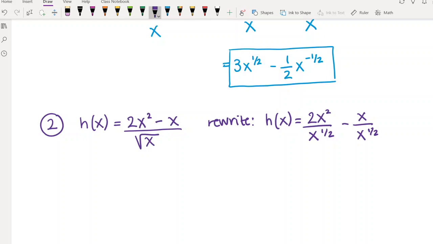And so what's another way of writing that? Well, we can subtract our exponents, and this would be 2x to the 3/2, right? Because 2 minus 1/2 gives you 3/2. And then for this next part, we have x to the 1 over x to the 1/2. So that is going to be x to the 1/2.